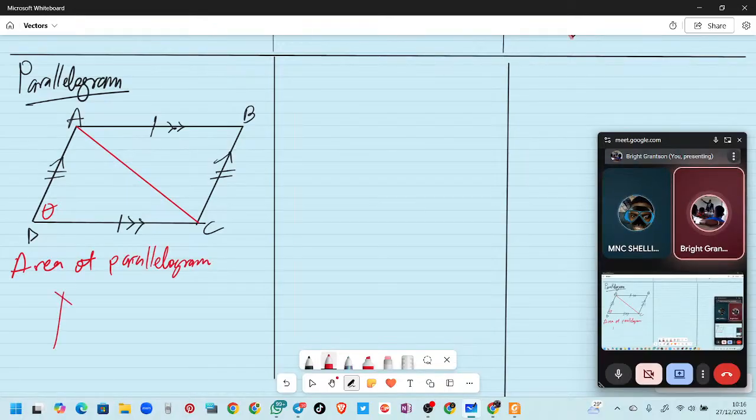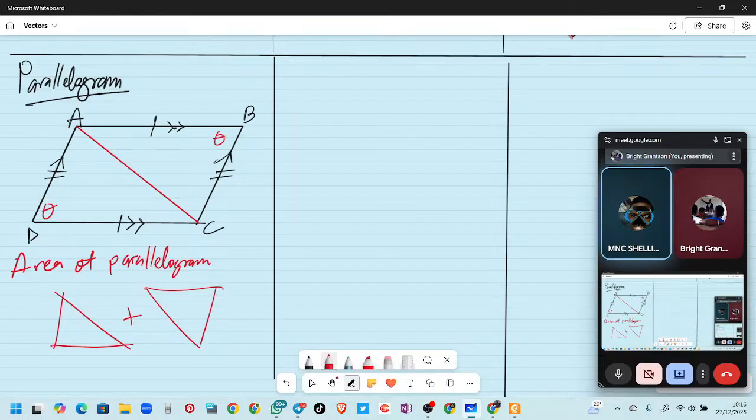It is this area plus this area, so it's the same and the same. And you see, parallelograms have opposite angles, so what is here is what is here. So just add them together and you get two times the area of one triangle.